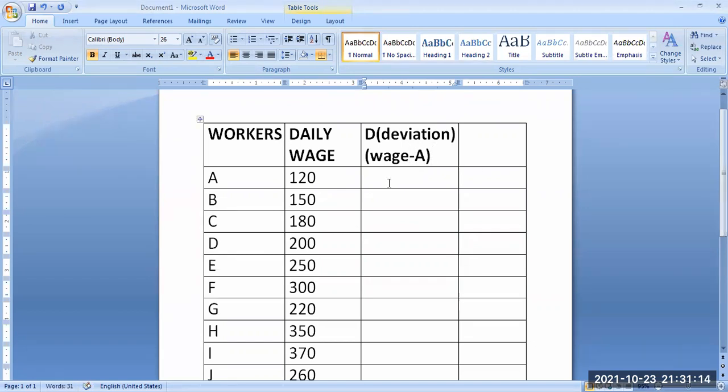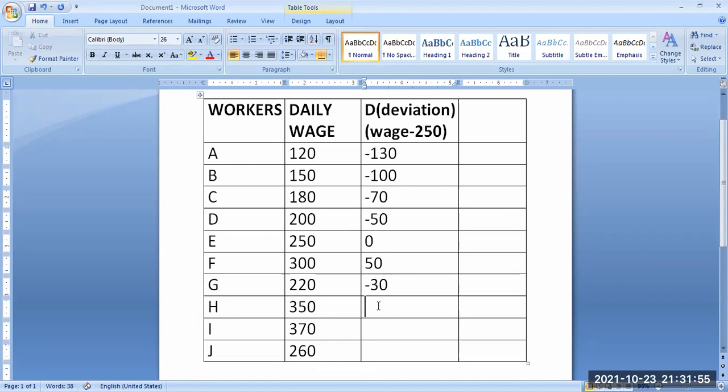First, 120 minus this A, which I am replacing with 250, gives minus 130. 150 minus 250 is minus 100. 180 minus 250 is minus 70. 200 minus 250 is minus 50. 250 minus 250 is 0. 300 minus 250 is 50. 220 minus 250 is minus 30. 350 minus 250 is 100. 370 minus 250 is 120. 260 minus 250 is 10.